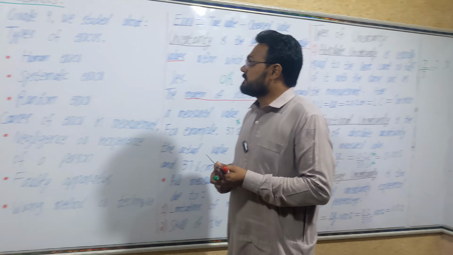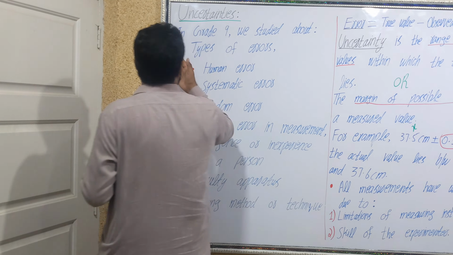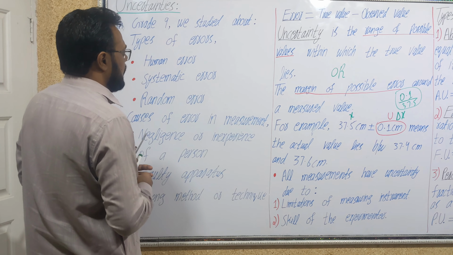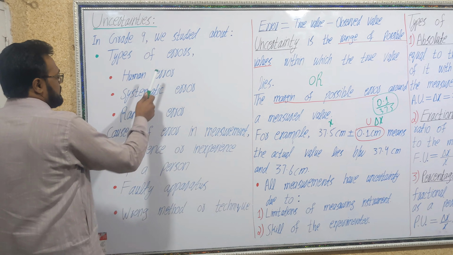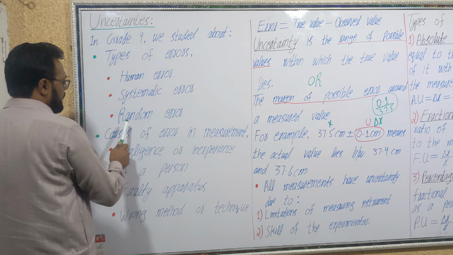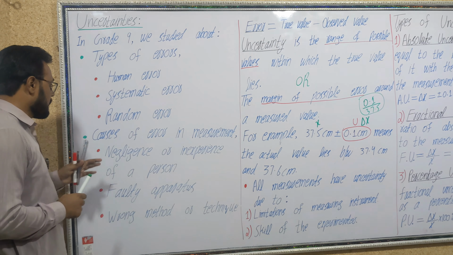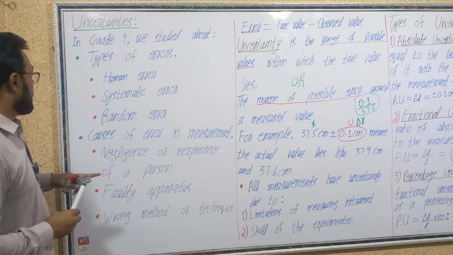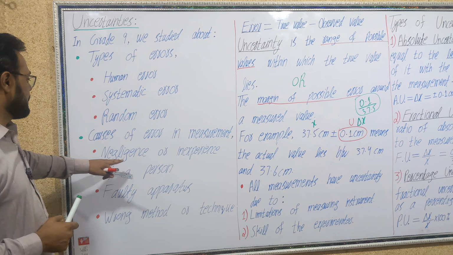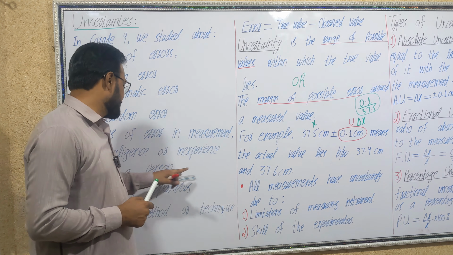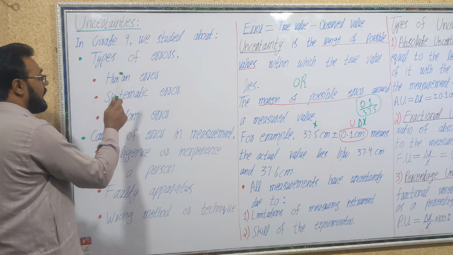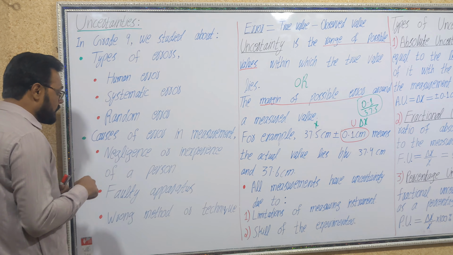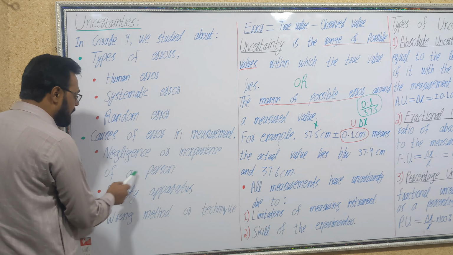Now come here. In grade 9, we already studied types of errors: human error, systematic error, and random error, and the causes of error. The cause of human error is negligence or inexperience of a person.